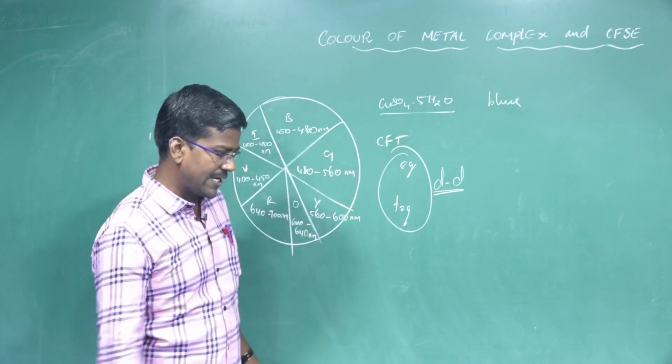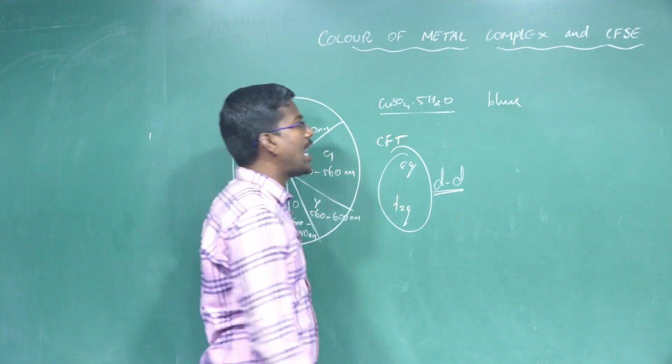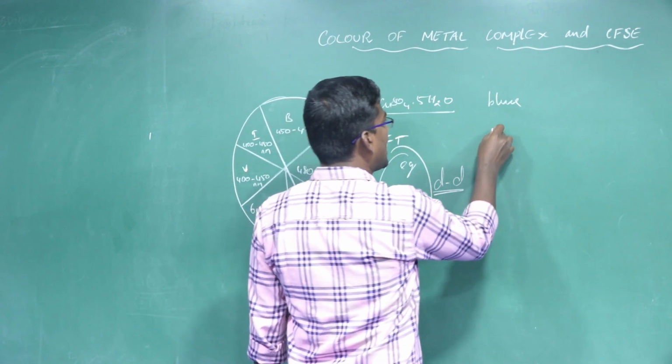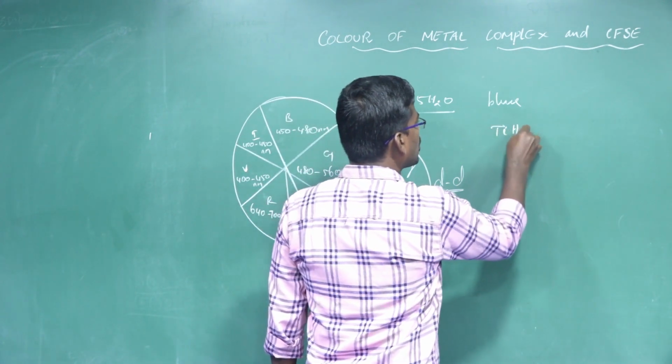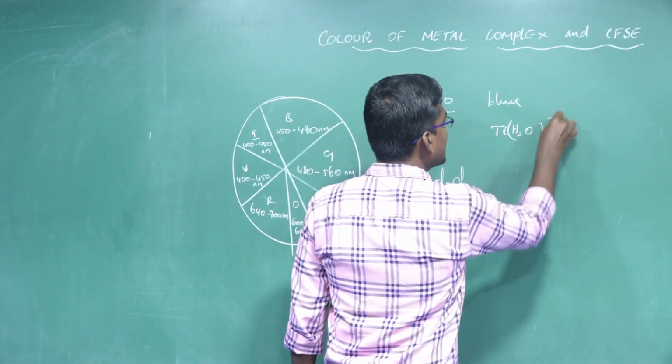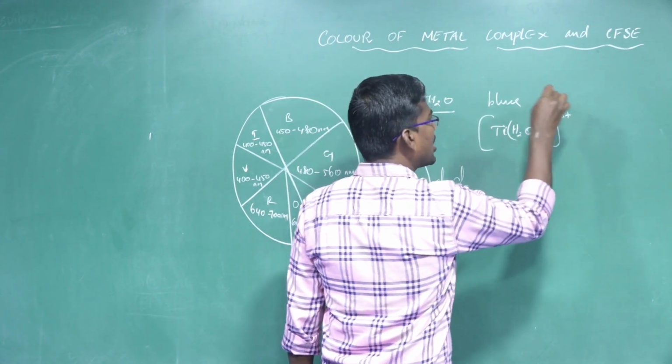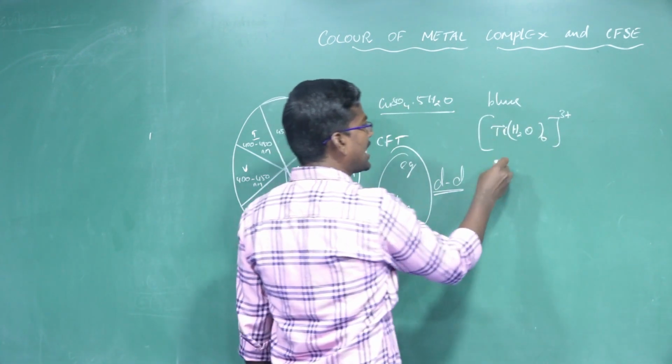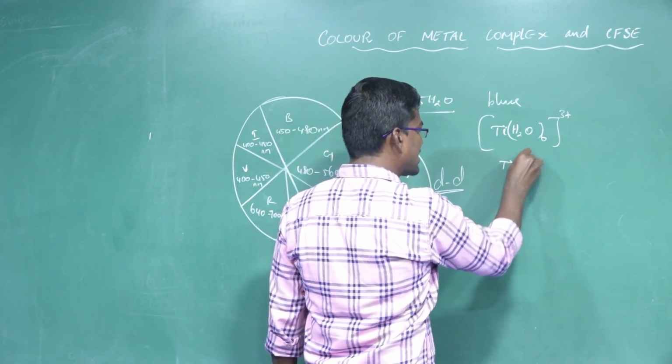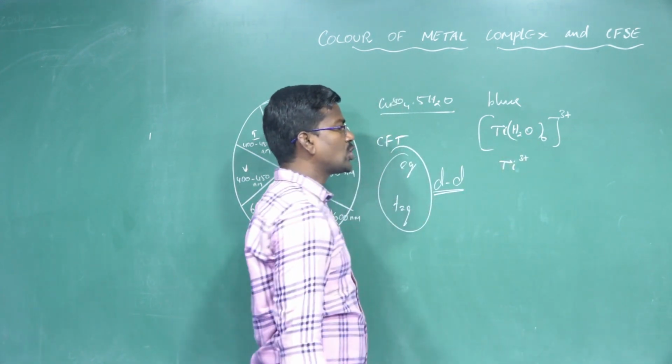Let us understand the d-d transition of complex metal ions, for example the titanium hexaaqua 3 plus complex, [Ti(H2O)6]3+. It contains the titanium 3 plus ion with H2O neutral ligands.